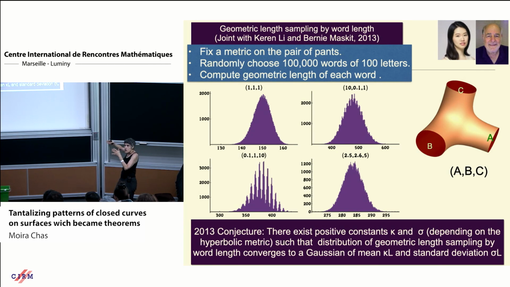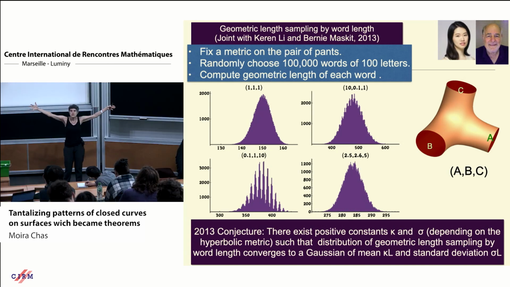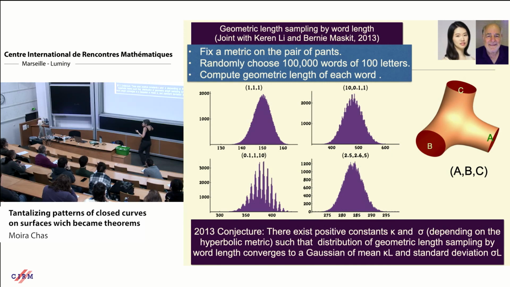But if you go long enough, these bumps are around multiples of tens here. So when the word length is long enough, they're going to disappear. The multiples of 10, you don't see them. So basically, this happens in small word length. When the curves are really long, a difference of a small multiple of 10 is nothing.